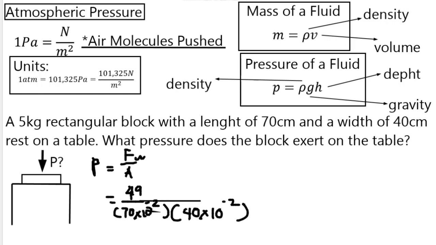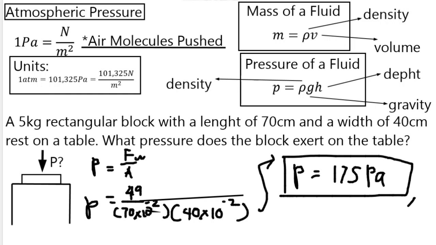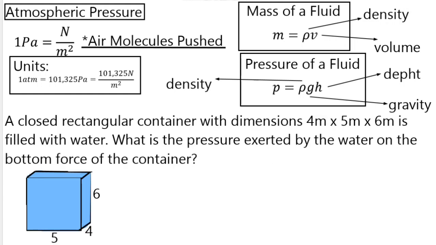Or we can just divide this by 100, so we can transform it into meters. So the pressure that is exerted on this table is going to be 175 pascals, or 175 newtons per square meter. Now let's try this one.